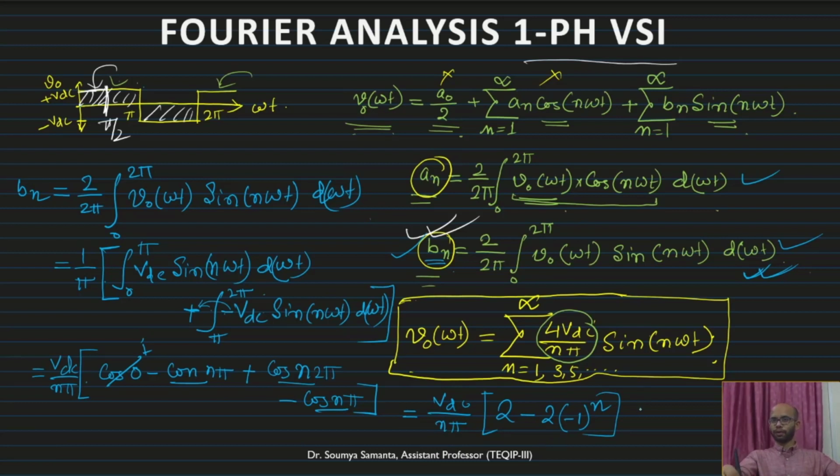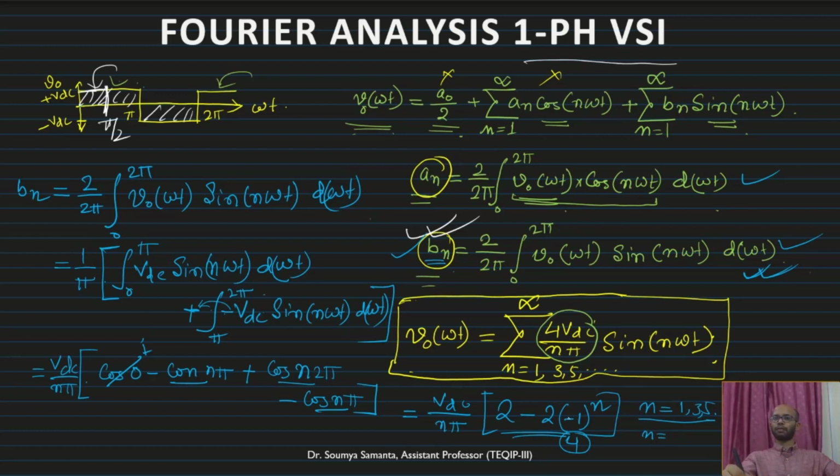Now if you see n equals odd, suppose say 1, 3, 5, what will happen? For 1, 3, 5, these odd values, this will be minus 1. So this will be 4 into this term will be the total output. Our outcome will be 4. Now if n equals even, what will happen?